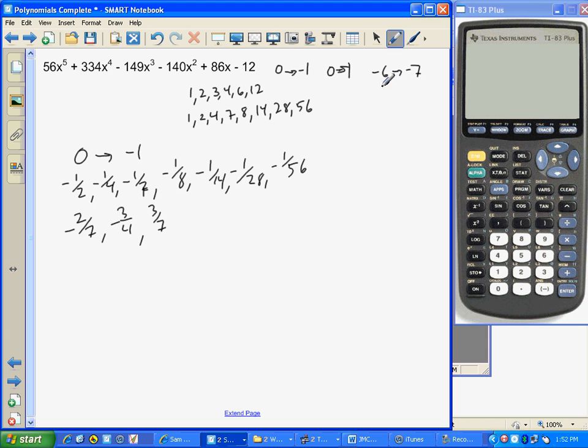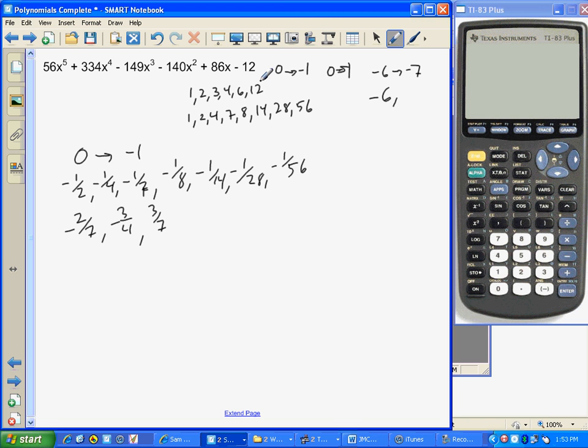So let's find all the ones that are between negative 6 and negative 7. I'm going to have a bigger number on top than what's on bottom. So 2 is only bigger than 1, so that's not going to help me. 3 is bigger than 2, but that's not going to get me big enough here. 4 is bigger than 2, that's only 2. 6 is bigger than 2, that's 3. 12 is bigger than 2, and that would give me negative 6.